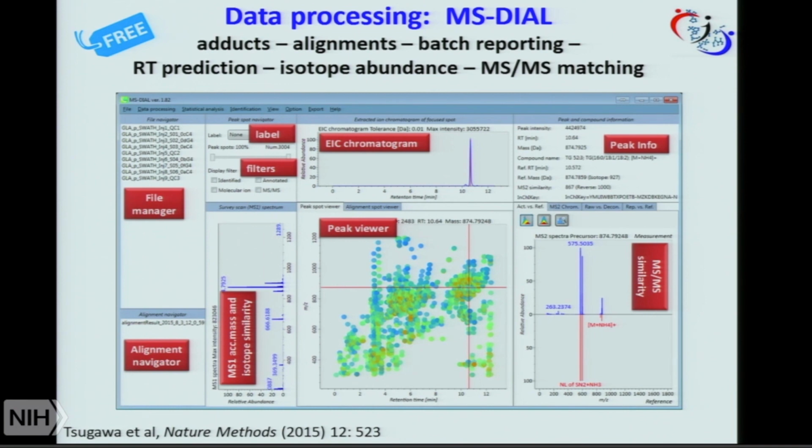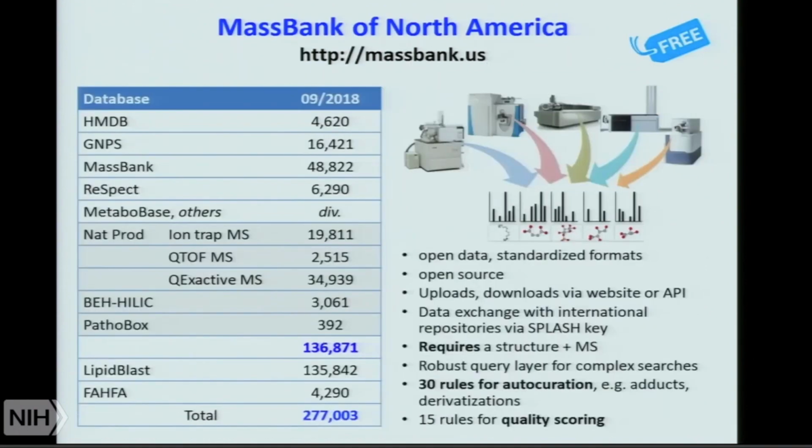For example, MS-Dial is a tool, and everything is freely available, open access, for untargeted assays, including the identification of unknowns by spectral matching. So this is one mass spectrum you see. And the identification works best if we have a giant database behind it.